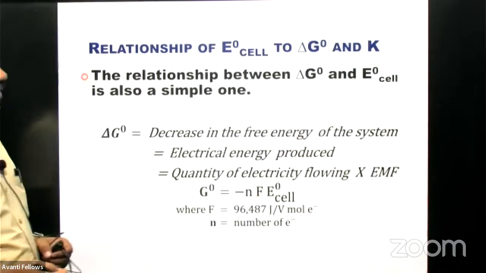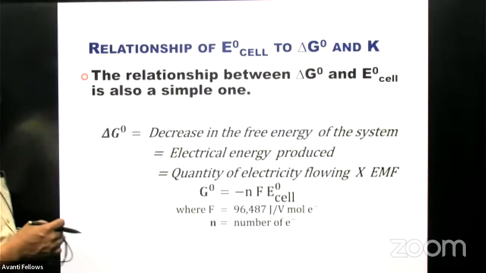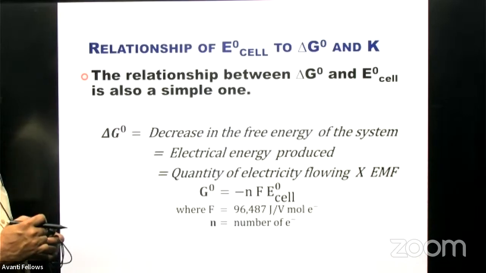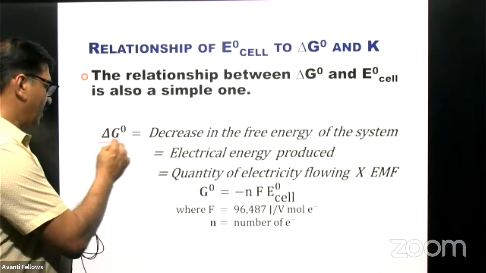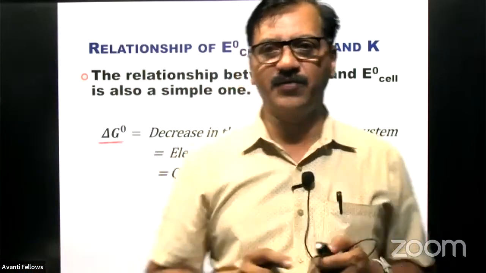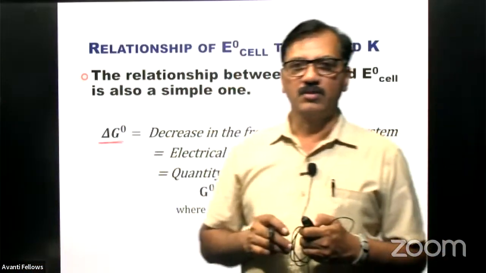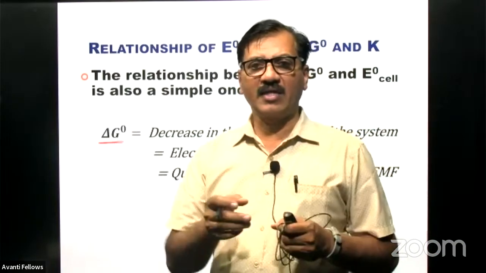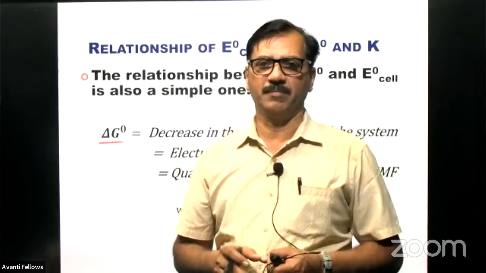Now, let us see the relationship between E0 of the cell and delta G0. What is delta G0? Standard free energy change. This gives you the total decrease in the energy of a system.